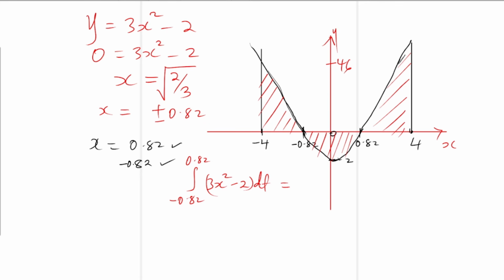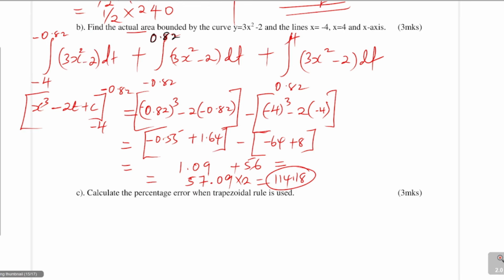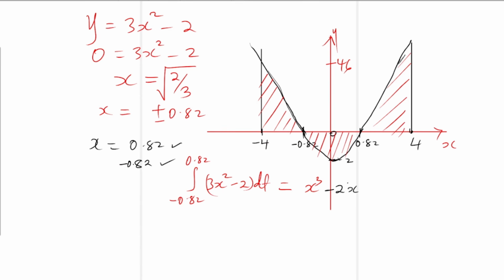When we integrate this, you get x cubed minus 2x plus c, in square brackets from negative 0.82 to 0.82.